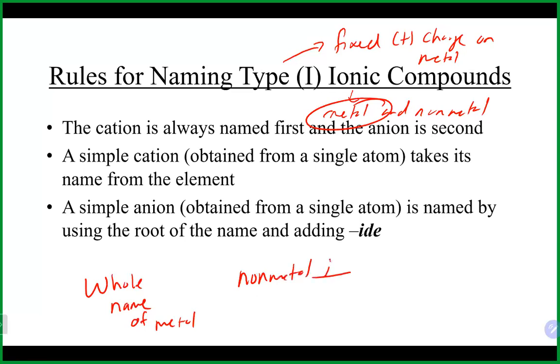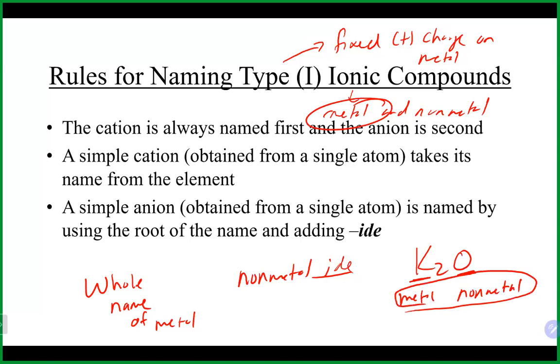gets the -ide treatment. So as we just saw there, K2O, the first thing that we would want to look at in this situation is that is potassium, which is a metal, and that is oxygen, which is a nonmetal. So right away, that combination 100% of the time, as we talked about previously, tells us it's ionic.